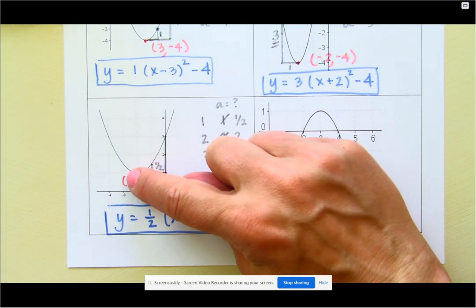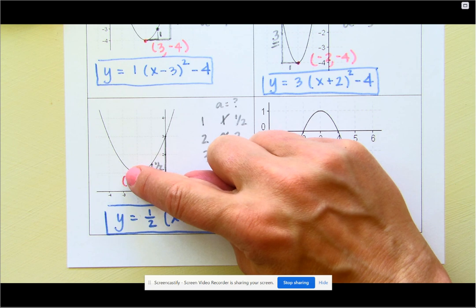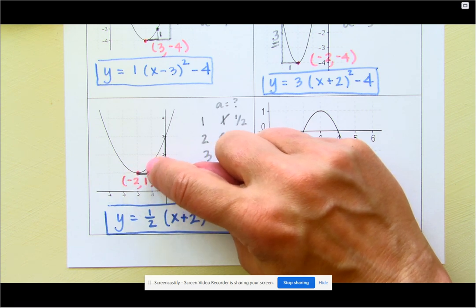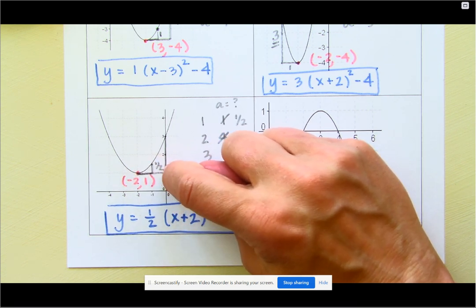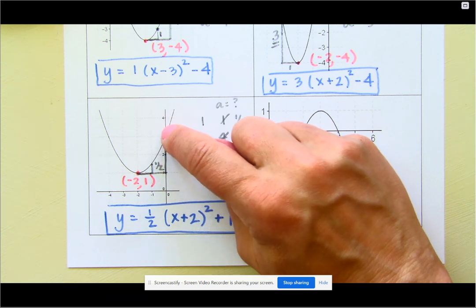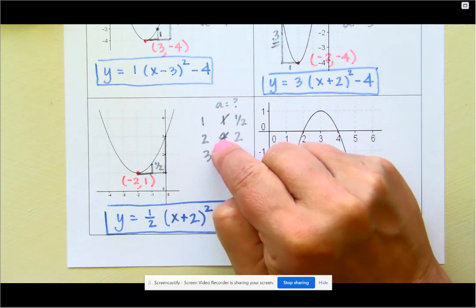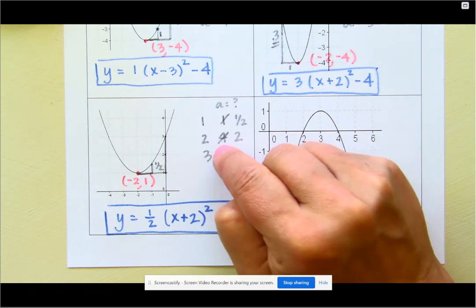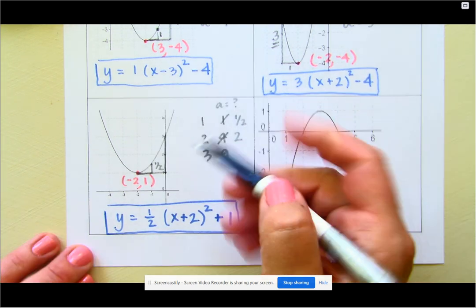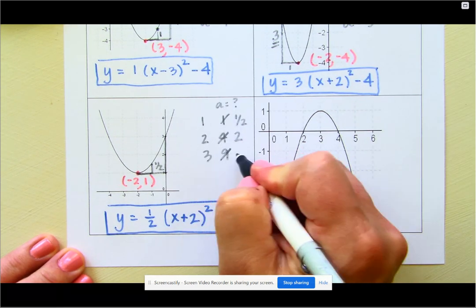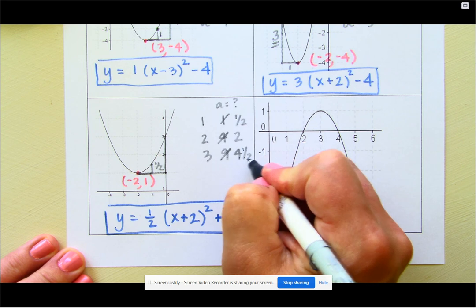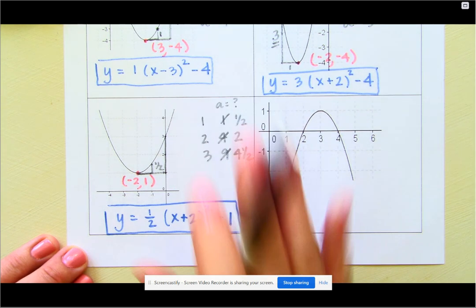So sometimes you have to keep looking beyond the out 1, up 1, you need to look out 2. We could see that it landed exactly 2 up, so that we could see the multiplier was 1/2. If there was room, if we went out 3, it would be up 4.5. I'm sorry you couldn't see me writing that one.